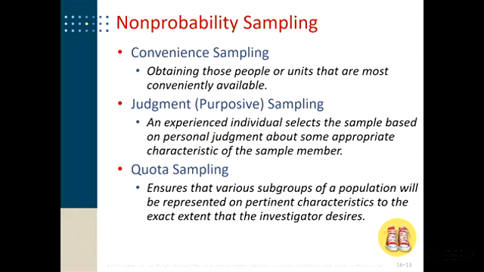Now, if you think that's not the case, then you don't need to go for quota sampling. Like as I was saying, student satisfaction. If you think that when we are measuring student satisfaction, we should take into account whether they are PhD students, undergrad students or master students, and whether that has any relation to satisfaction, then we may go for quota sampling.